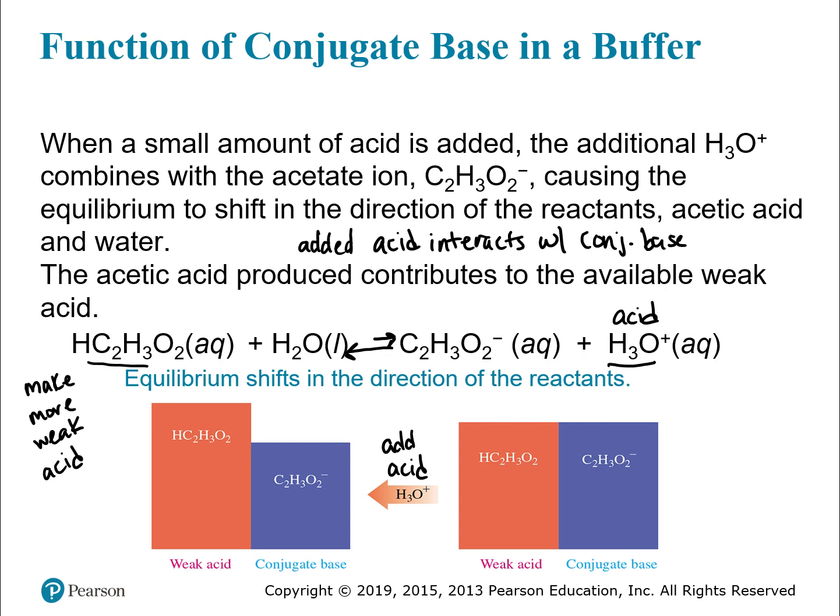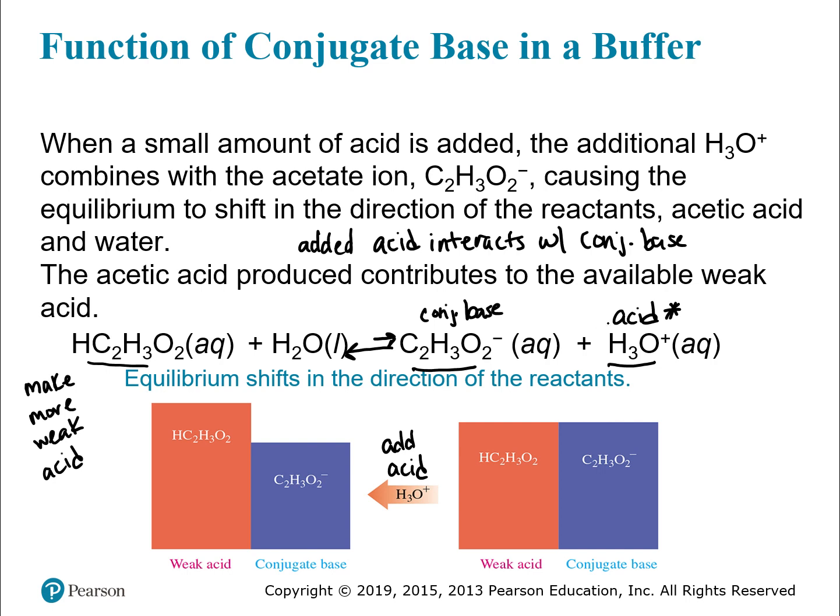Sure. So we have our buffer, and it's got acetic acid and the acetate ion, right? We add in a little bit of acid. That's the H3O plus. That acid is going to interact with the conjugate base. Because remember, an acid will donate a hydrogen.